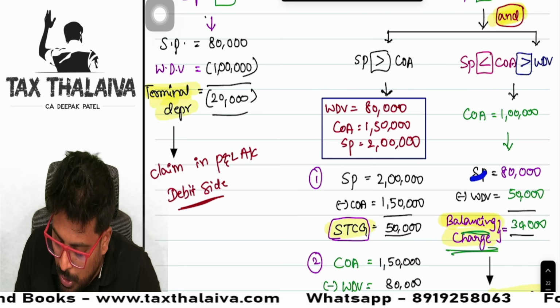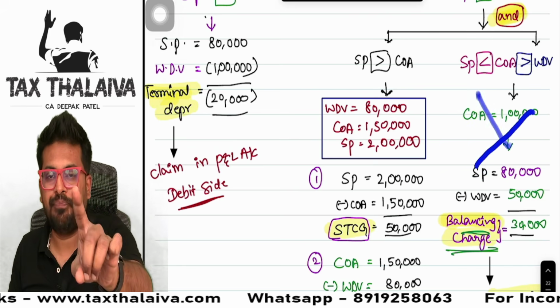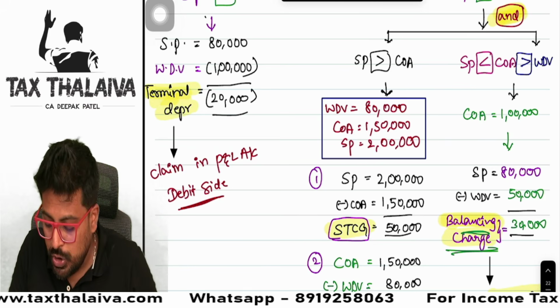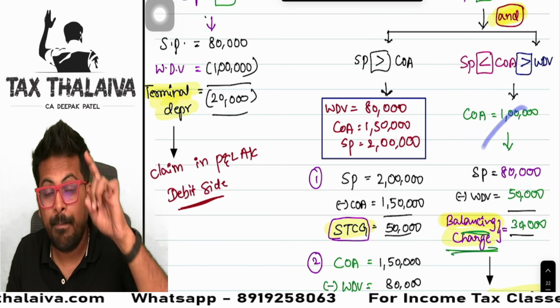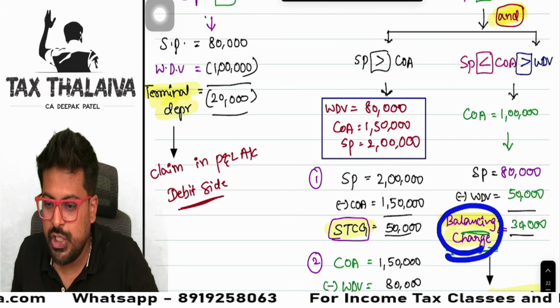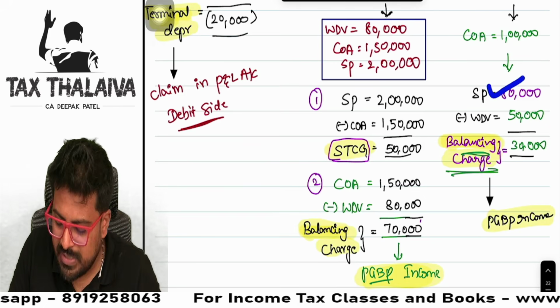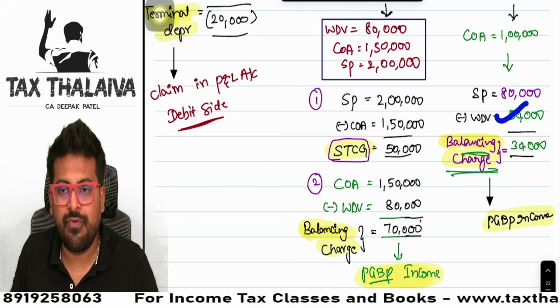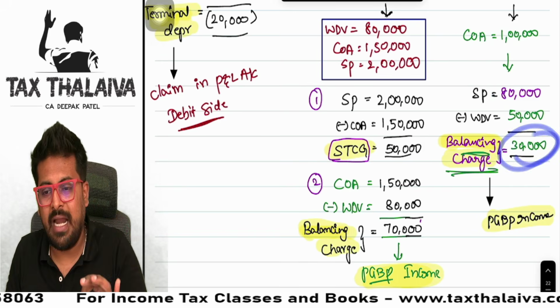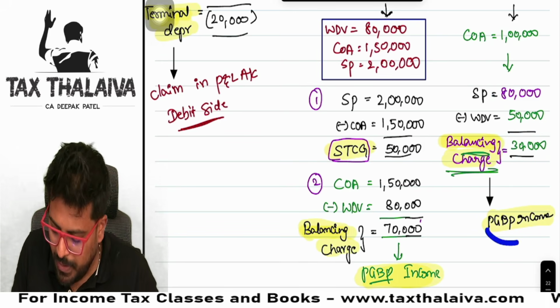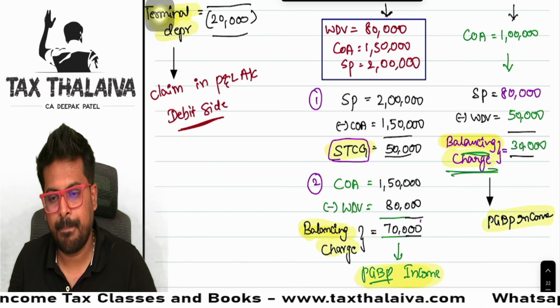But did you sell for more than the cost of acquisition? No. So in this scenario, you will not get a short-term capital gain, but you will get balancing charge, which you will take to PGBP income. So what is the balancing charge? Simple. Your sale price is 80,000, your WDV is 50,000. 30,000 will be treated as balancing charge and PGBP income will arise here.